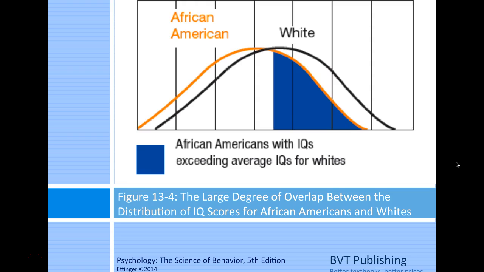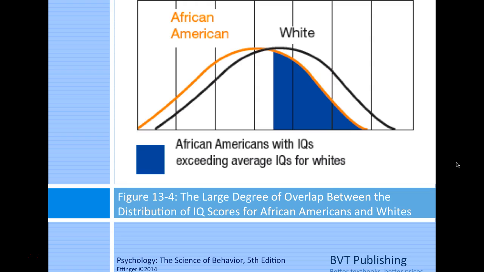For over 25 years, Jensen and his colleagues have been arguing that heredity accounts for approximately 80% of the differences in IQ scores between African Americans and whites. This is an extreme position that has not always been supported by research.